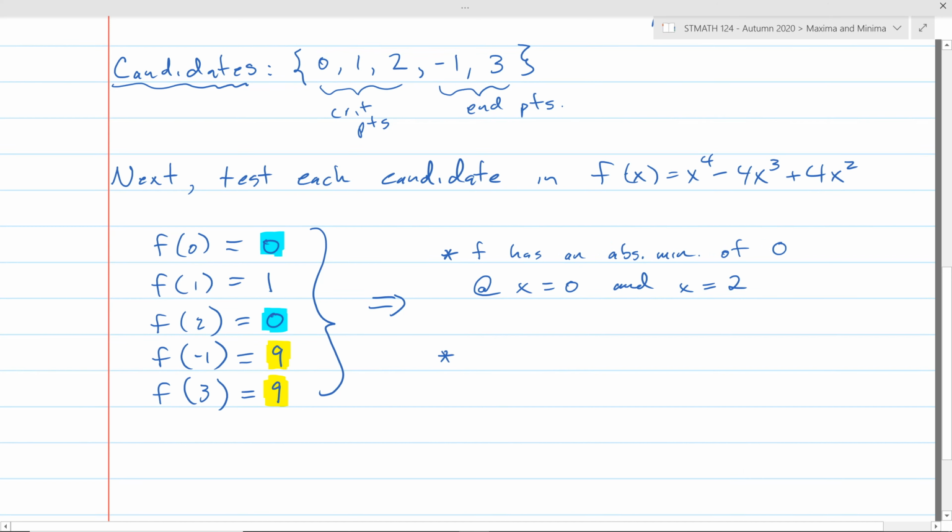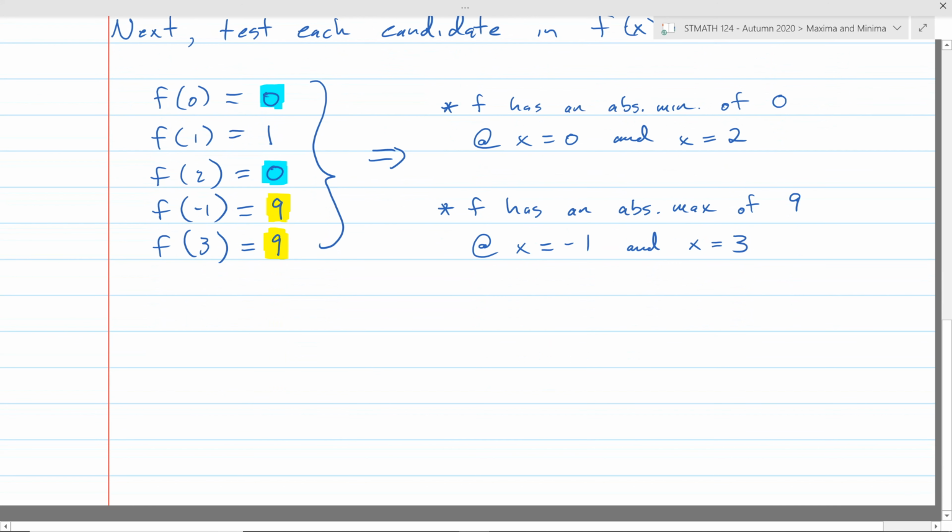And I also see that f has an absolute maximum of 9 at x equals negative 1 and x equals 3.